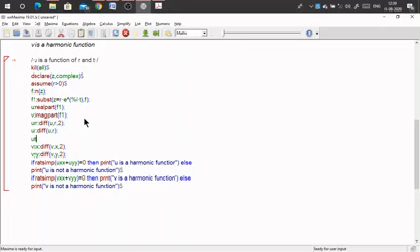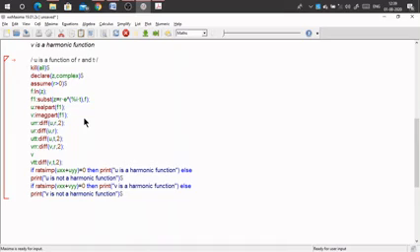So utt will be diff of u comma t comma 2. Likewise write the expressions for v as well. So vrr will be diff of v comma r comma 2, and vtt will be diff of v comma t comma 2, and we also need vr, which is diff of v comma r.